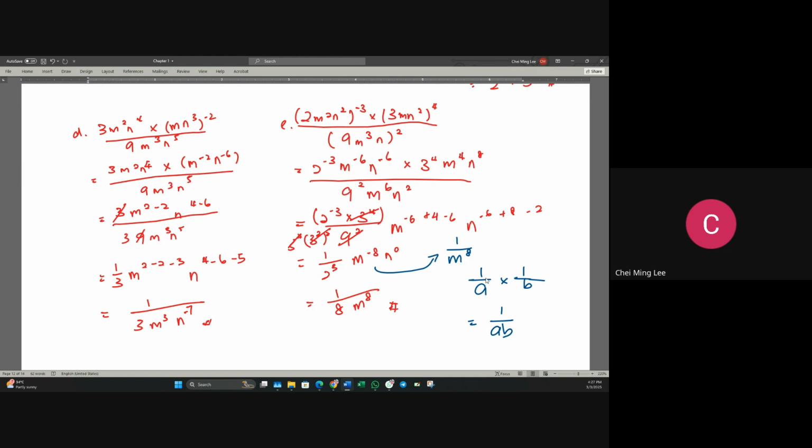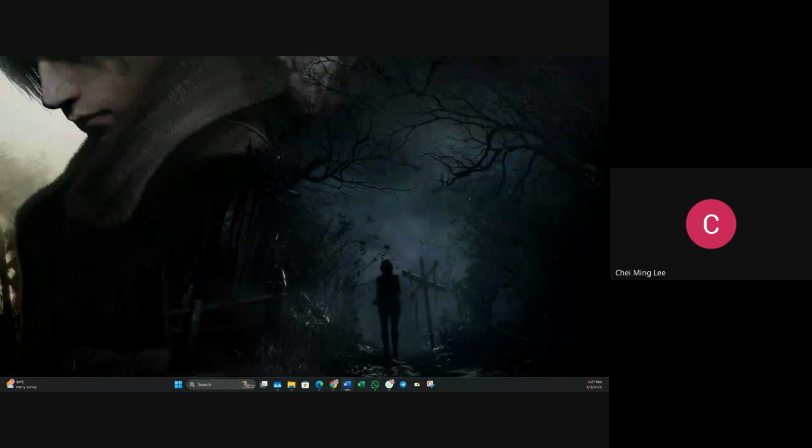The 2 power of 3? 2 to the power of 3, I change it into 8. If got number one, you must make it into the integer, cannot have the power. Okay, understand?